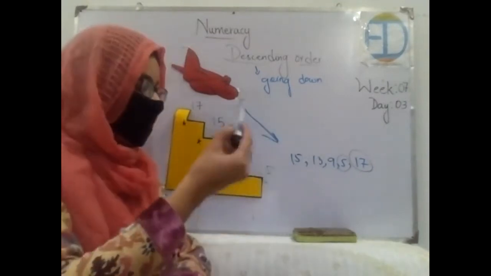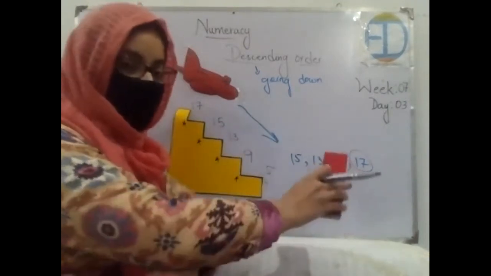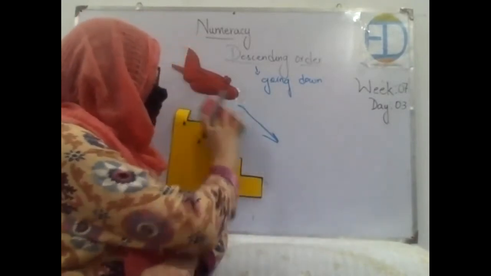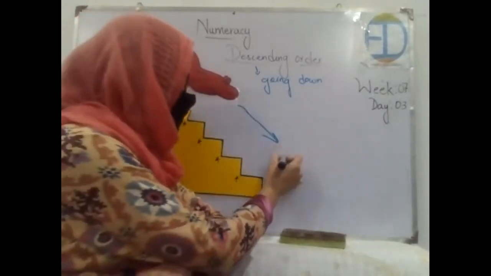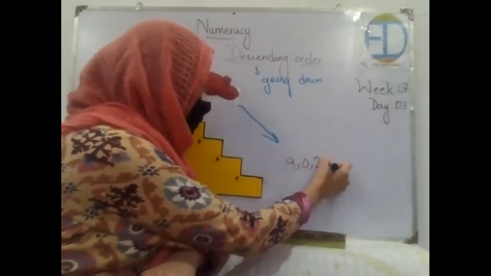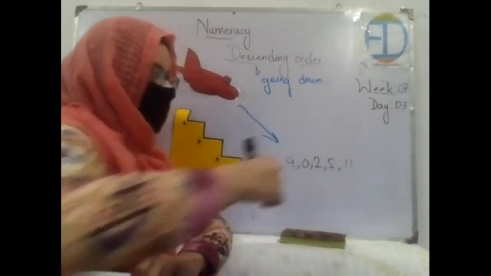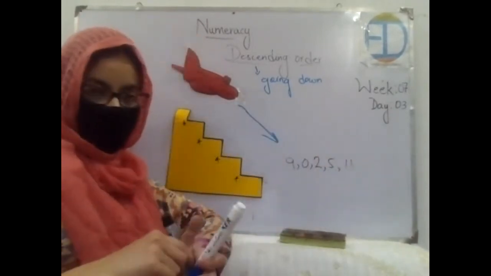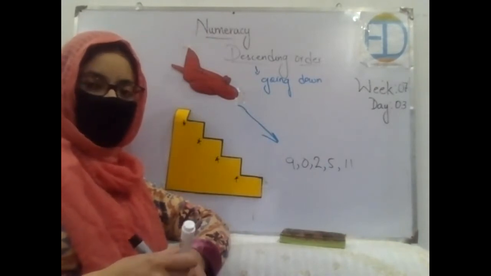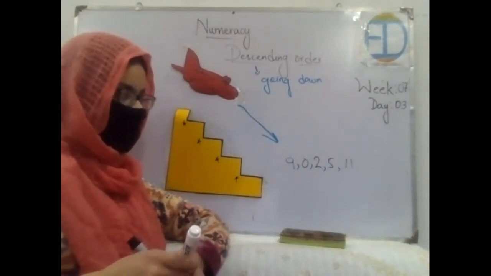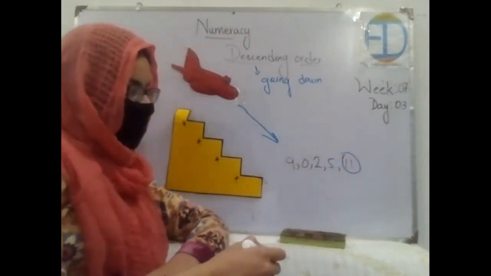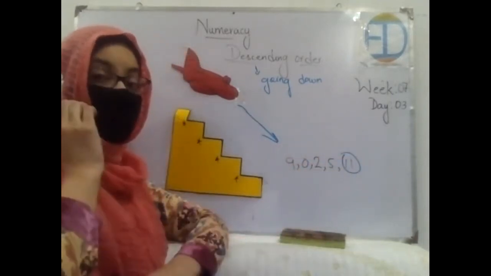Got it? Now I'm writing other numbers for you. Let's practice this together. How many numbers are there? 5. What is the first step? Identify the highest number. Which one is highest? 11. Excellent. Which one is lowest? 0.